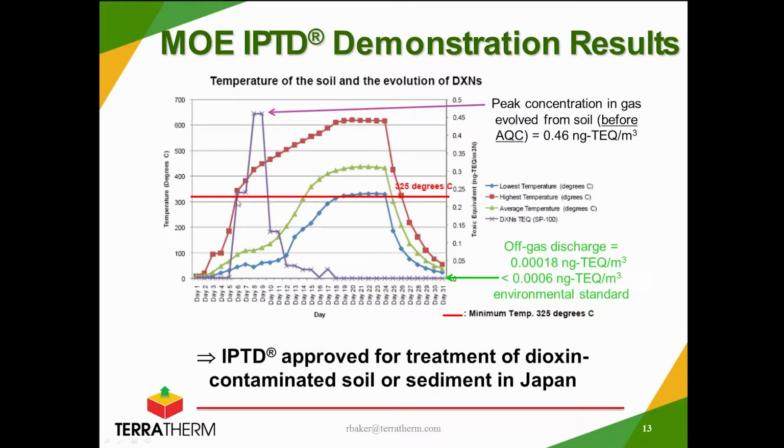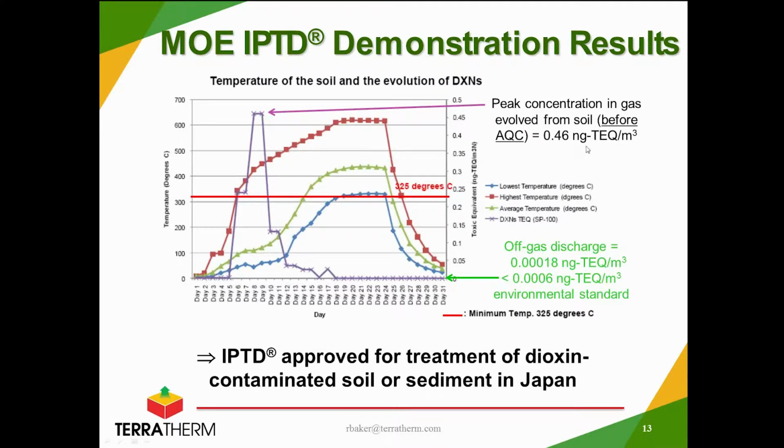So up until that point, the dioxins, which are very recalcitrant, remained sorbed to the soil. But once you get up above 300 C, someplace in the box, we start to generate a small amount of dioxin in the gas evolved from the tank, and that's what's evident in this peak.